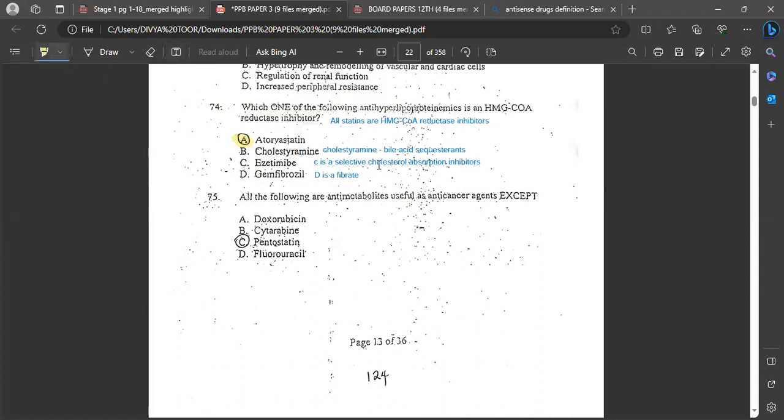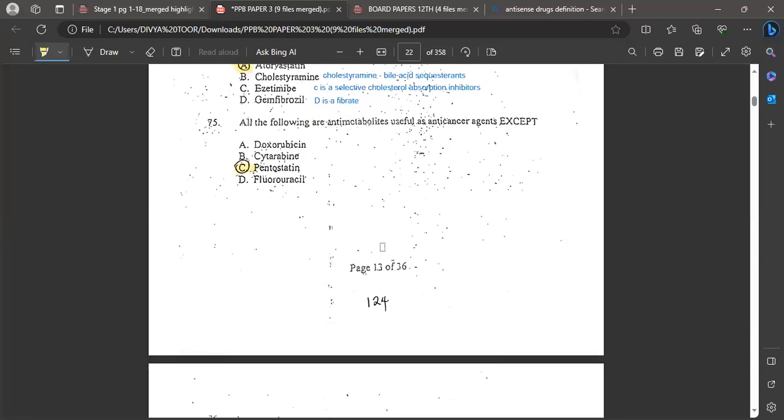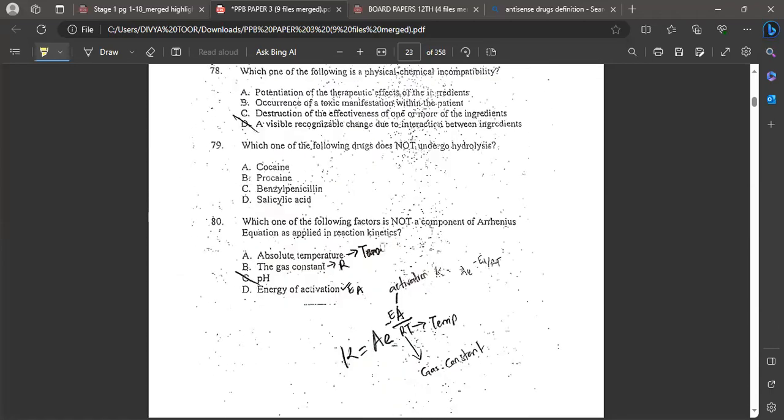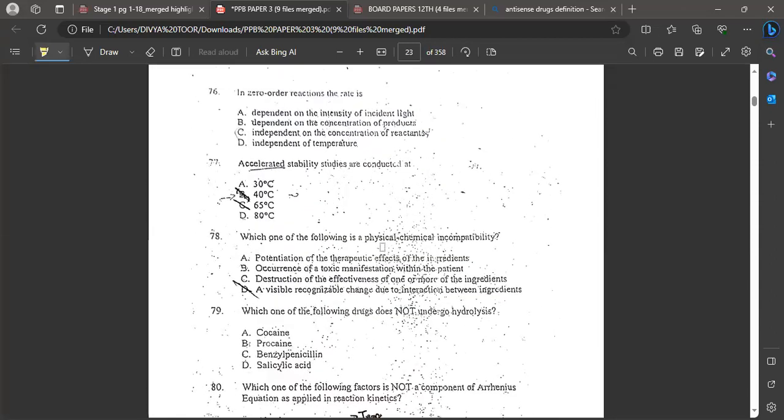All the following are anti-metabolites useful as anti-cancer drugs, except... I'm trying to see what the other drug was.